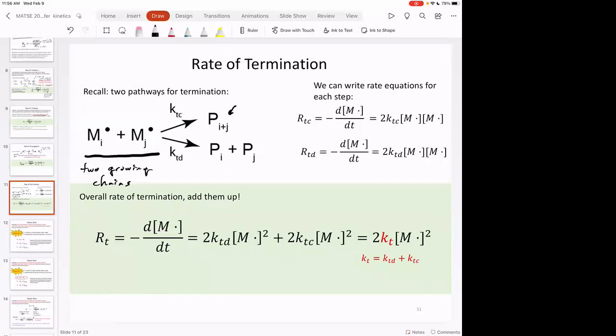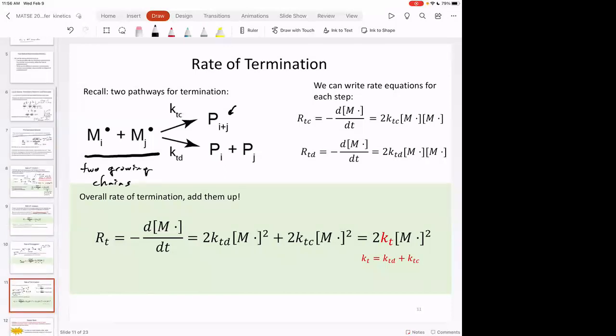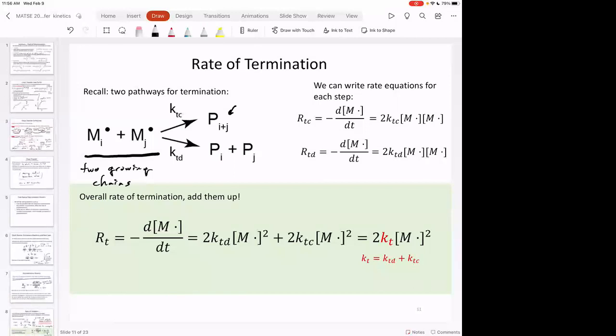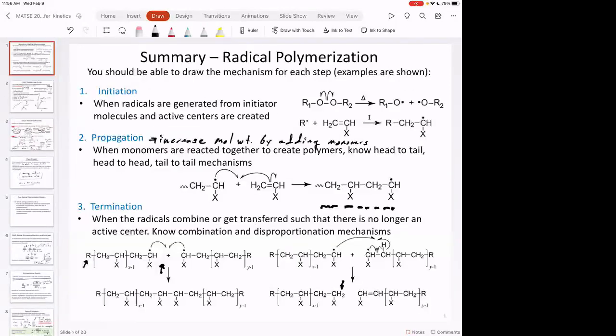And so make sure you can connect this picture to this picture right here. Termination, what happens? Only 2 things can happen during termination. This is termination by combination right here. So you take 2 growing polymers and you get 1 polymer with the sum of their molecular weights.